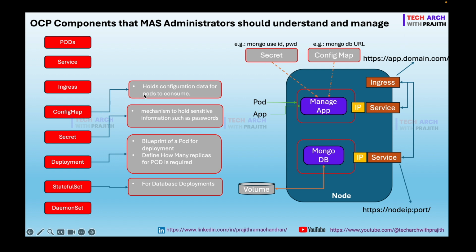So you can see here the config map holds configuration data for pods to consume, right? So when you create a pod, you define your config map, and it holds all the configuration data for the pod to consume during runtime. Secrets are a mechanism to hold sensitive information such as passwords.